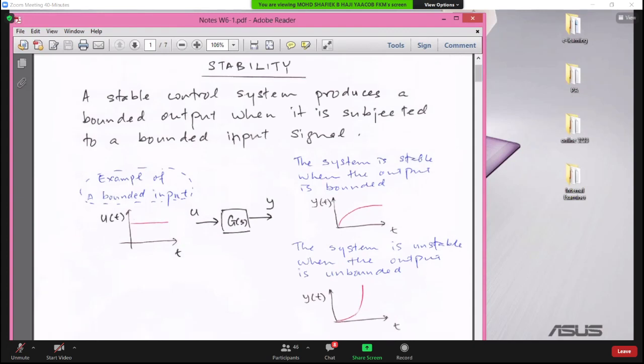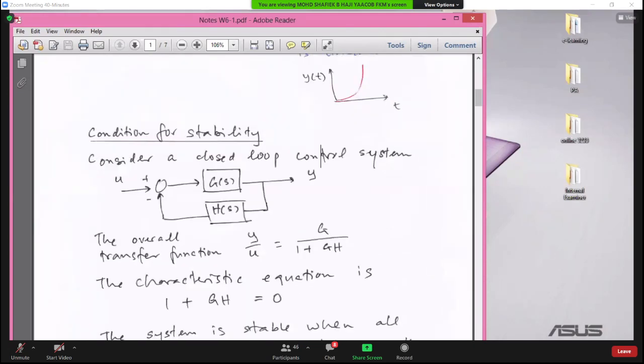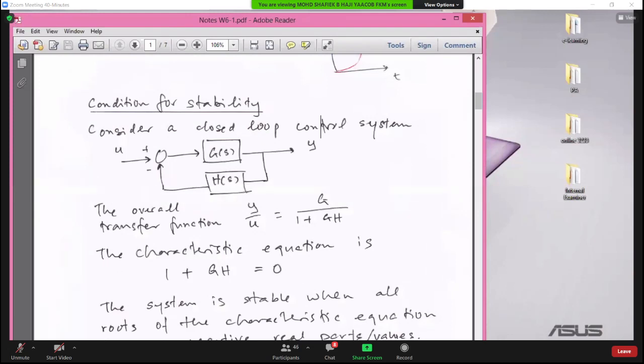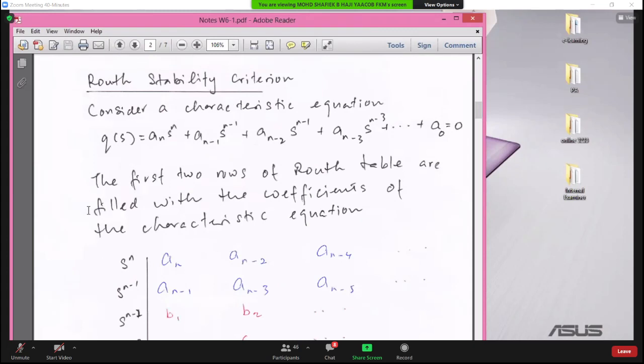So we want to conduct this Routh stability criterion to see whether the system is stable or not. First, you obtain the characteristic equation, 1 plus GH equals 0, and then you write the characteristic equation in terms of a polynomial. It can be a polynomial of order n, fourth order or fifth order, equals 0. Then you fill in the Routh table.